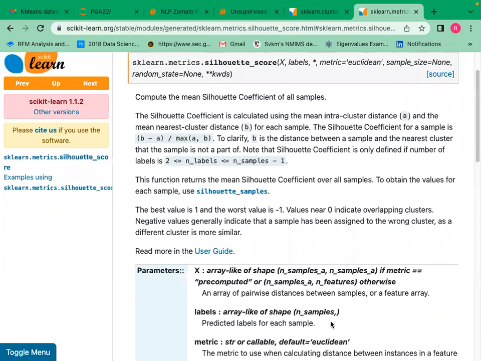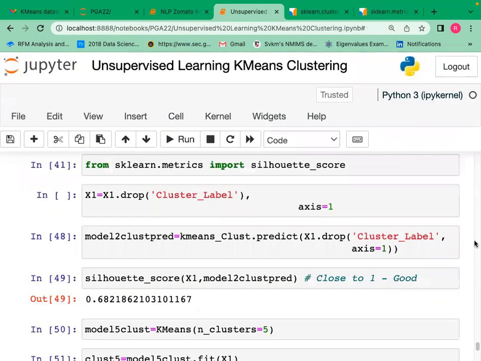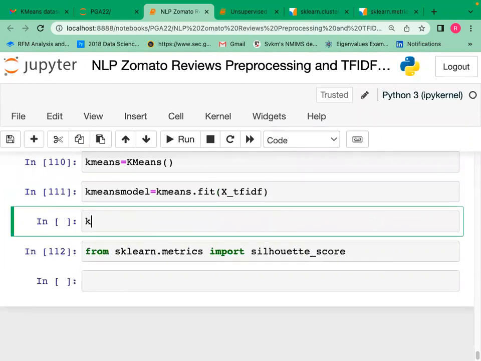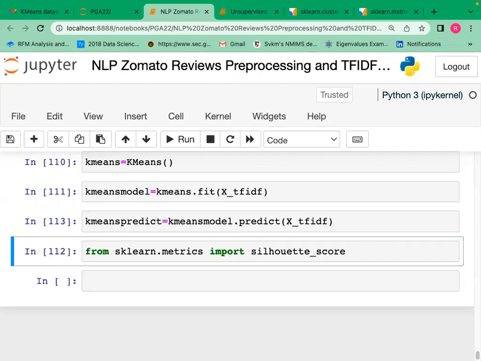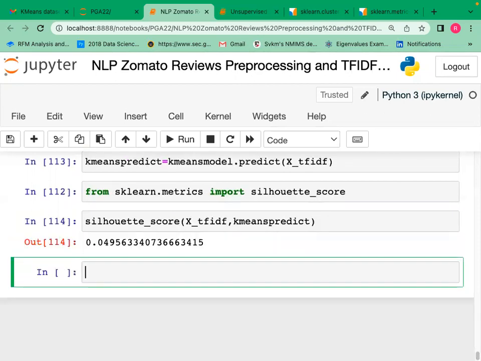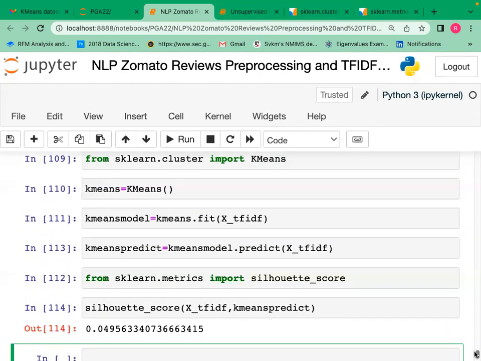Okay, predicted labels we have to take for each sample. So we also need to predict. kmeans_predict is equal to kmeans_model.predict(X_tfidf). silhouette_score(X_tfidf, kmeans_predict). 0.04956.